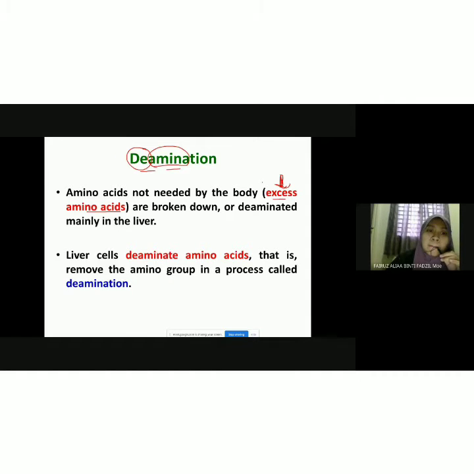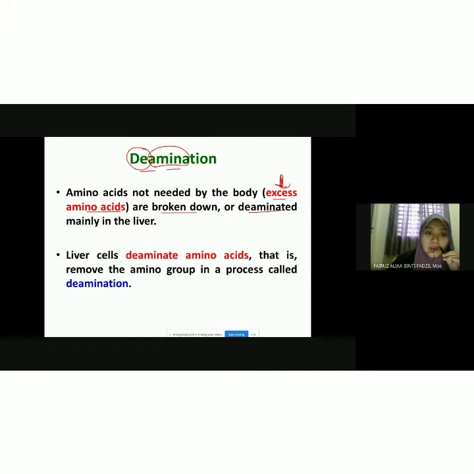But there are amino acids that are in excess, not being used for all these purposes, so they will enter the liver, and the liver will settle them. So what happens to the excess amino acids that are not used to synthesize protein at the earlier part of digestion? They will be broken down and deaminated.